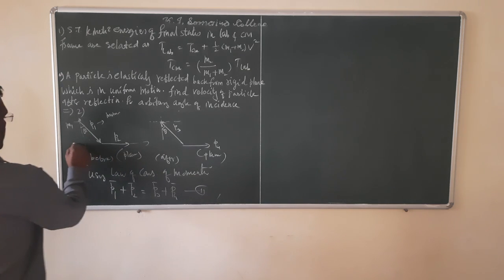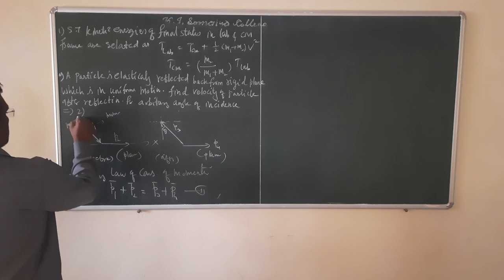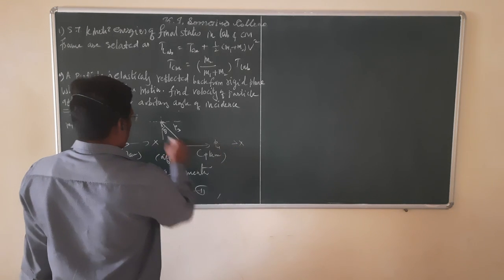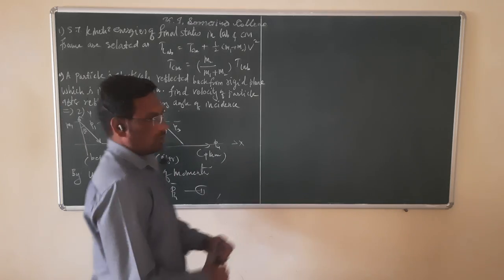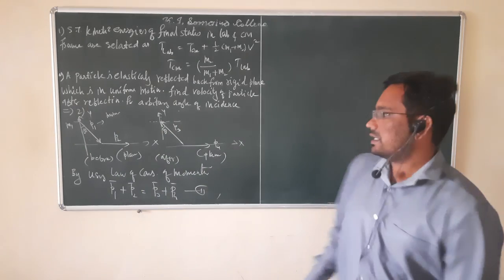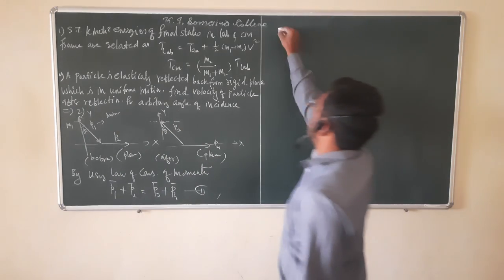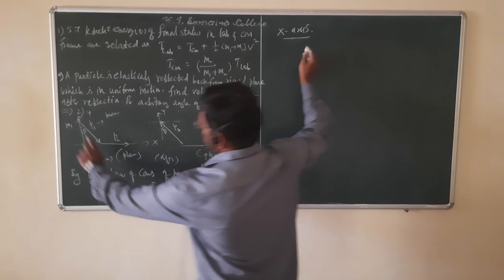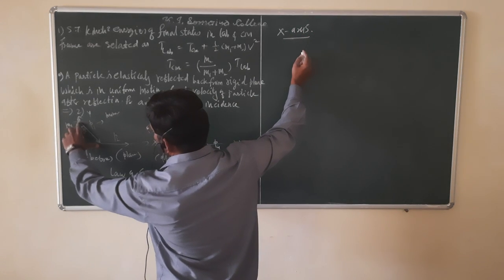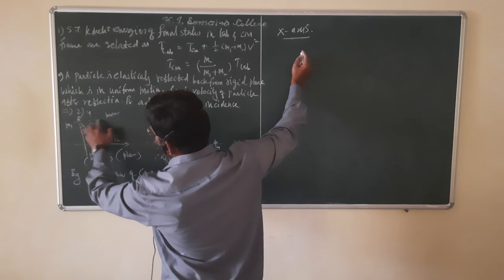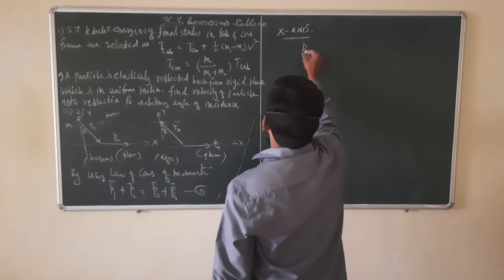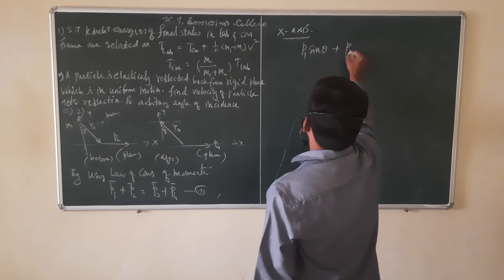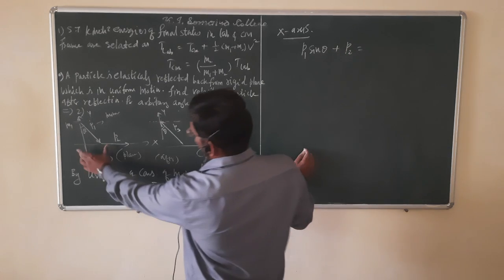Now we can take this as the x-axis and this as the y-axis, and write all those equations along the x and y axes. So by conservation of momentum along the x-axis, the component of this vector is P1 sine theta, plus P2, the momentum before scattering.